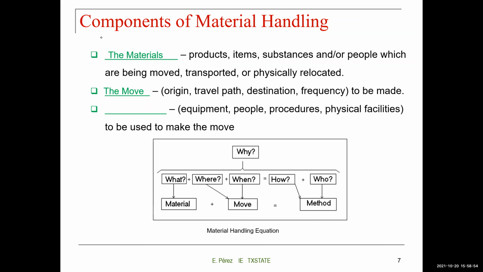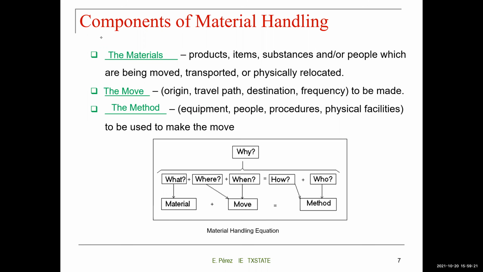We have the move, which is what's going to help us take these materials from one point to another point, which includes the origin, the travel path, destination, frequency, or the move to be made. And then the third component is the method. So equipment, people, procedures, physical facilities to be used to make the move.